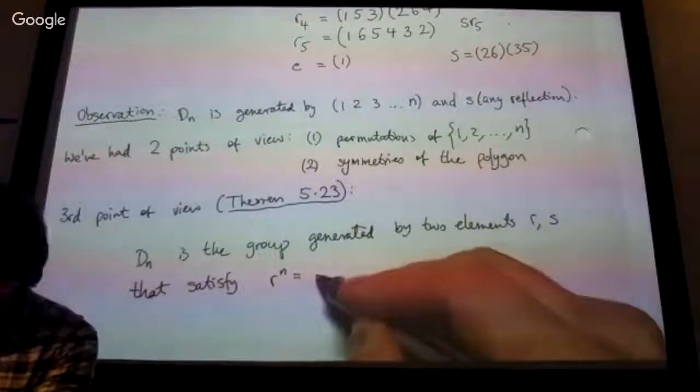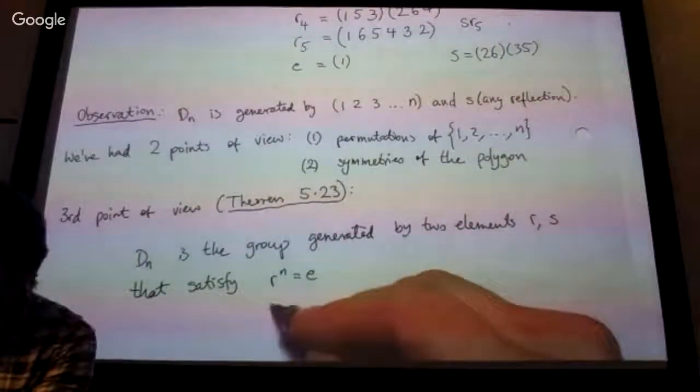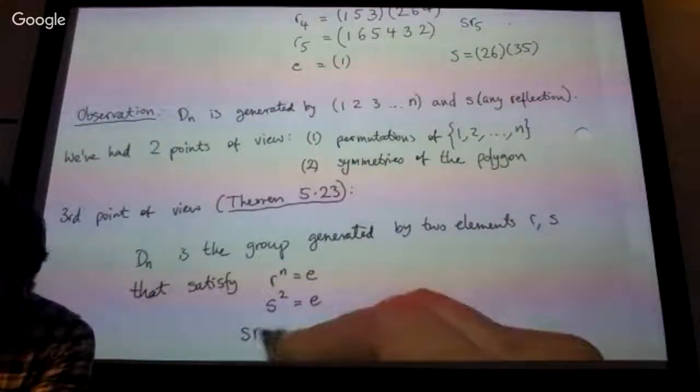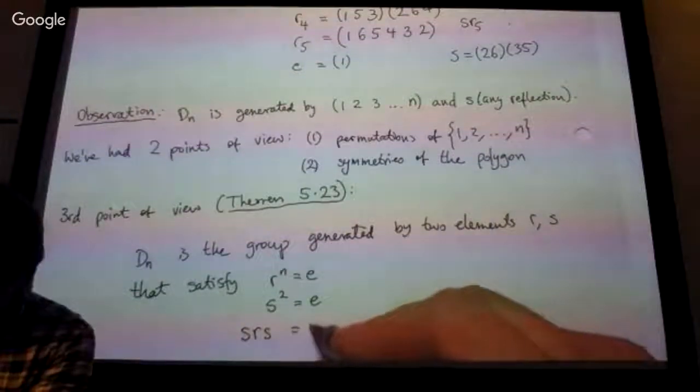R to the n is the identity, S squared is the identity, and SRS is R inverse.